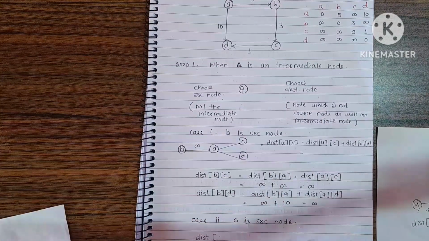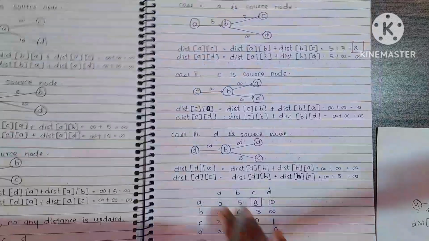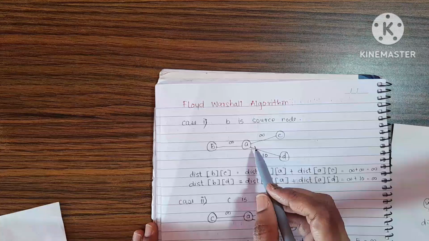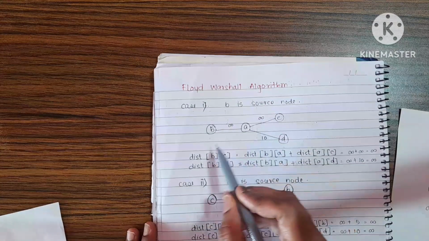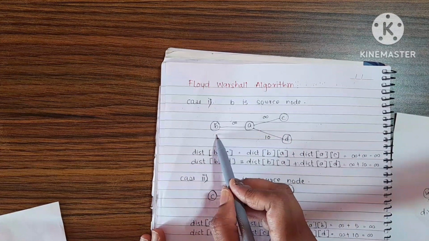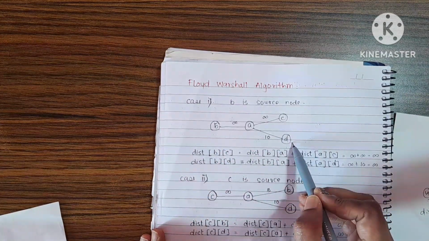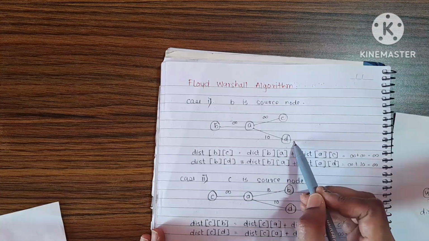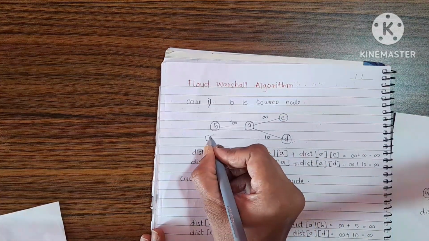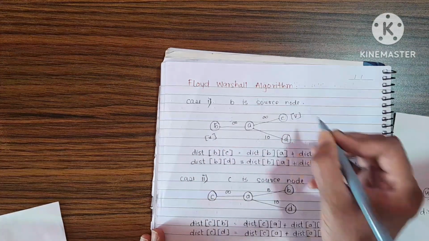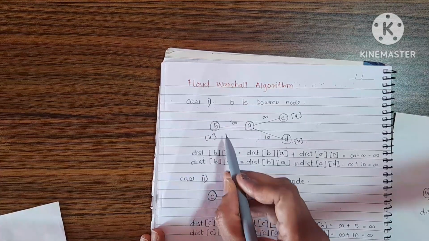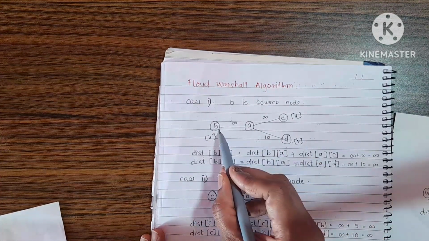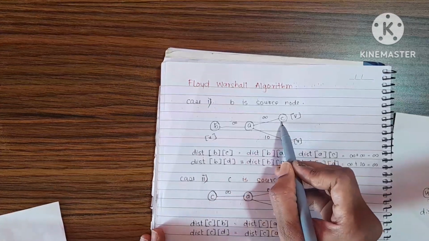Here A has been selected as the intermediate node, and B has been selected as the source node. The remaining nodes C and D can be treated as destination nodes. So this is the U, this is the K, and this is the V. Distance BC is equal to distance BA plus distance AC.